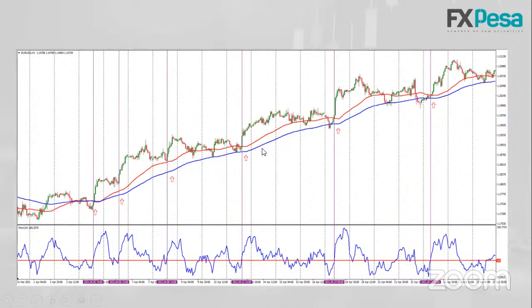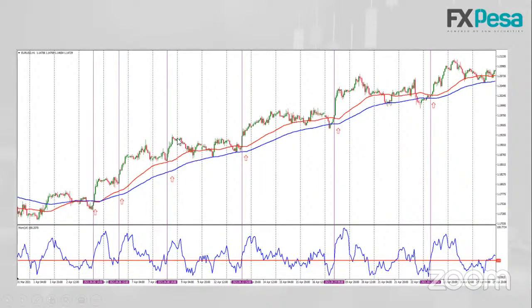So upon adding them, you'd be in a position to identify when to enter. In this particular context, you will notice that there's a tendency for price to move towards these two lines. So I'm talking about these two wavy lines. There's this red line and there's this blue line.